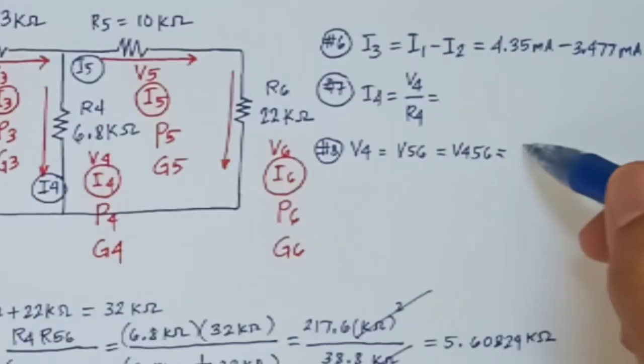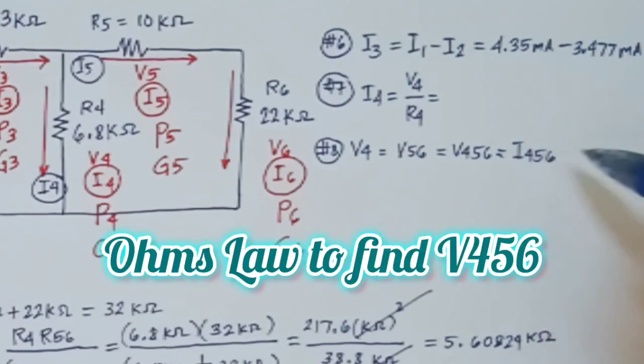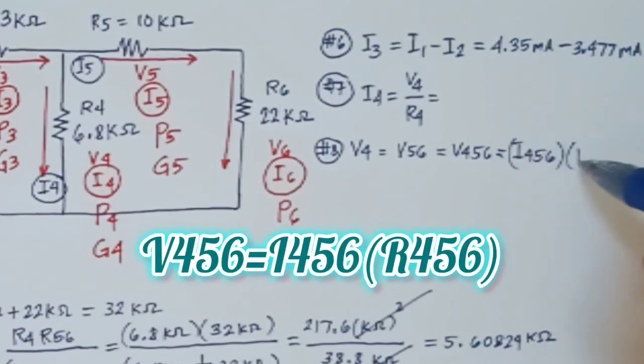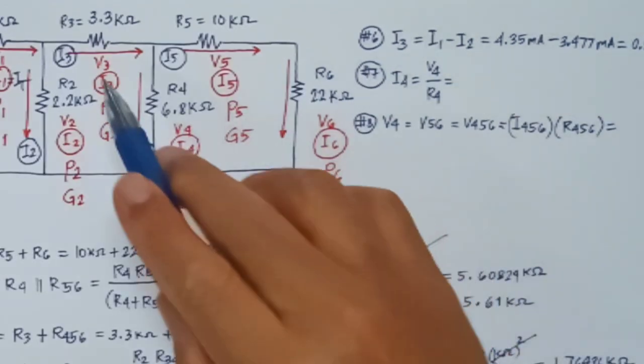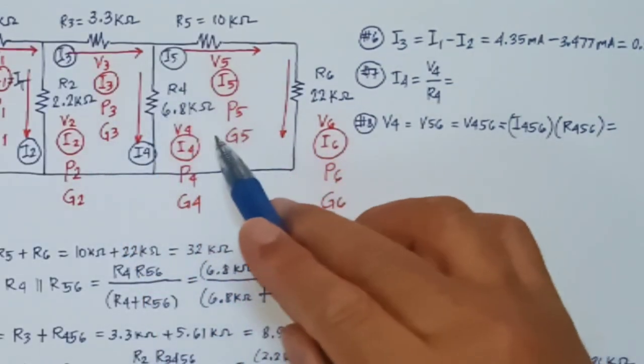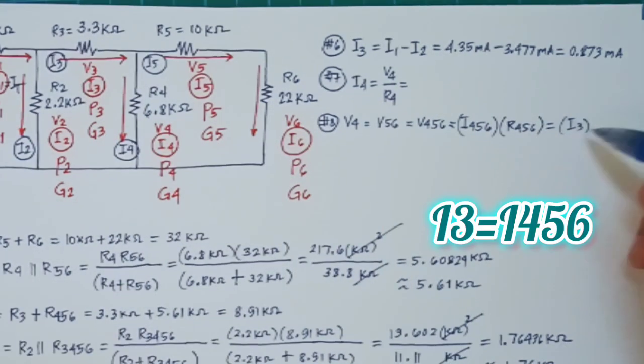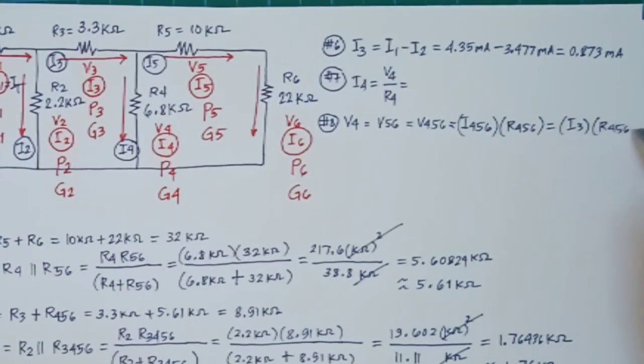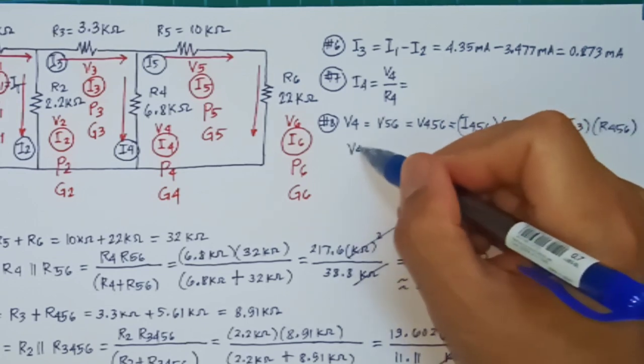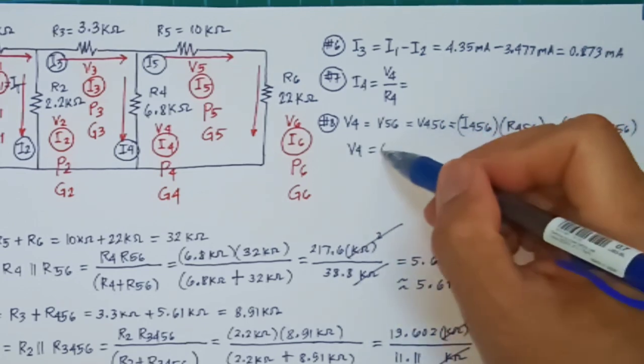So V4 equals V56 equals V456. That's what I mean, because this is one of the properties of a parallel connection. So I456 by Ohm's law, I456 multiplied by R456, we will get V456, and that's also V4. Now I456 is also equal to I3.